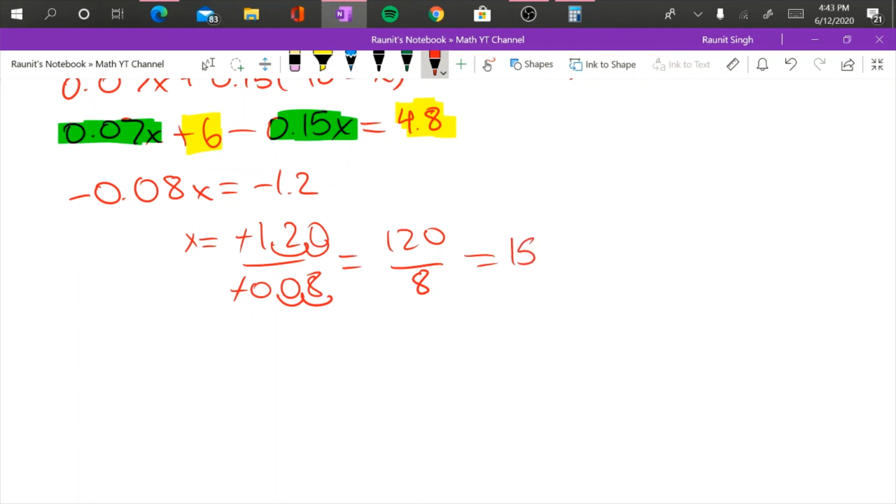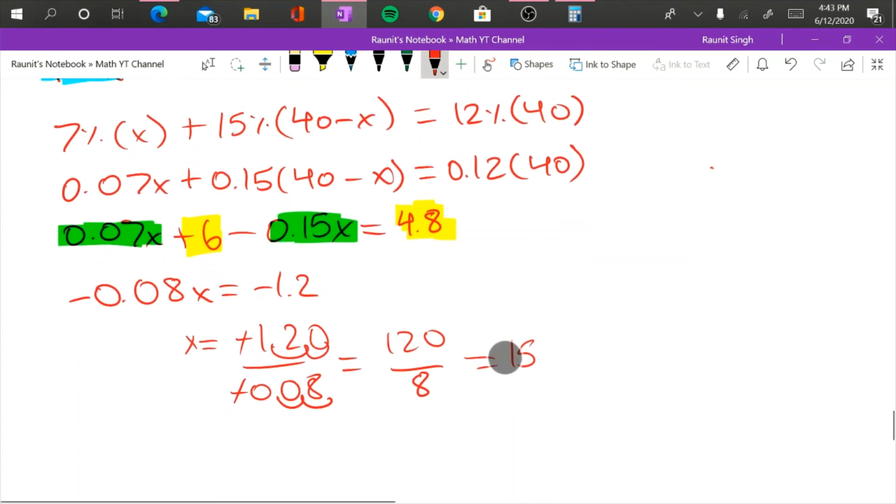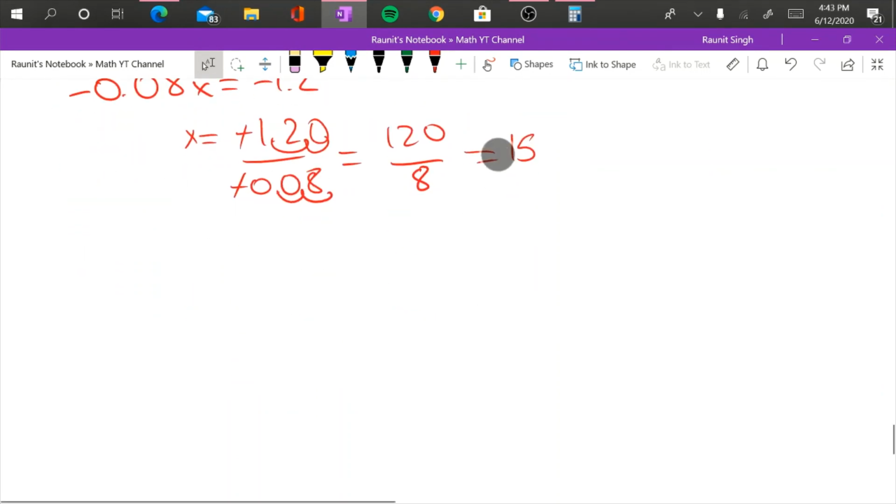So now that we know that we need 15 gallons of the 7% solution, we can use our 40 minus x formula to find out the amount of 15% solution that we need. So 40 minus 15 is 25.